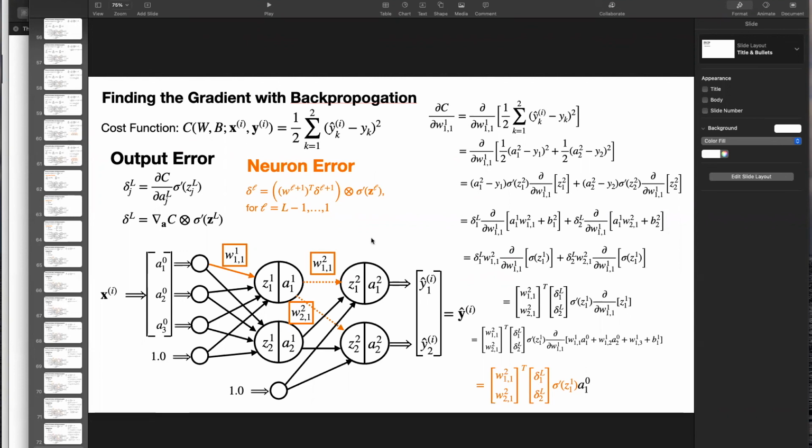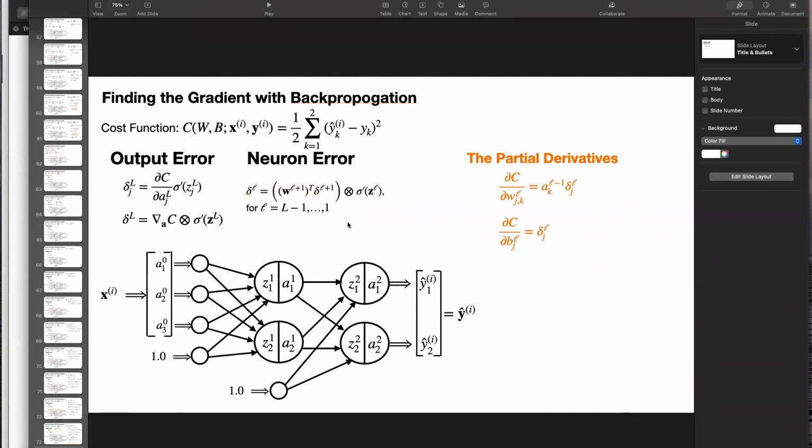So we need those to compute the errors here. But it's really the same idea as the output error. It's just passing it back. This is why it's called backpropagation. We're using the output error to calculate the error at the previous layer, which we can use to calculate the error at the previous layer, and so on.